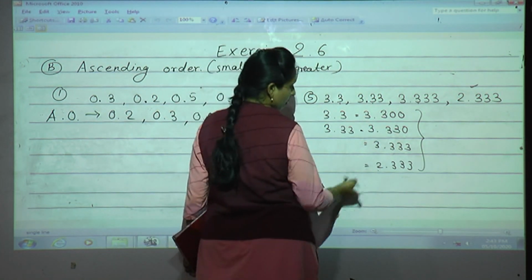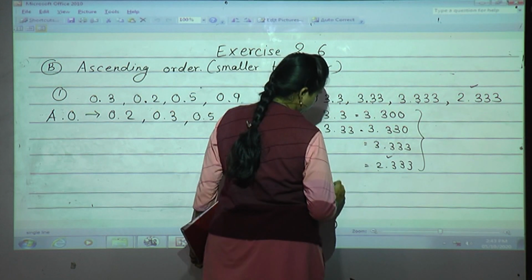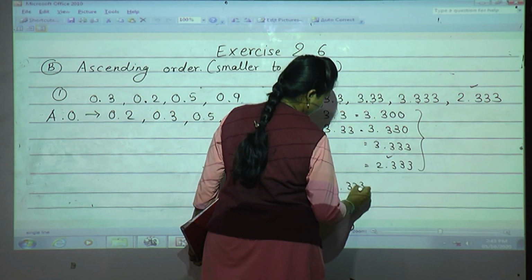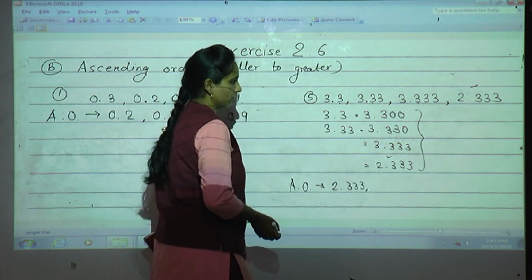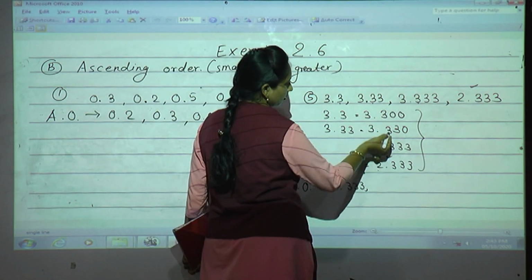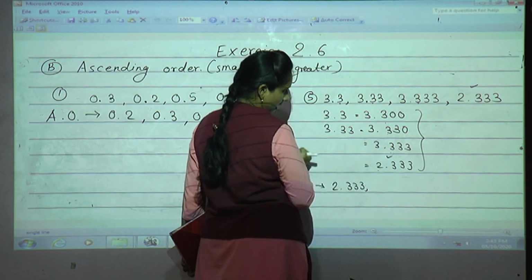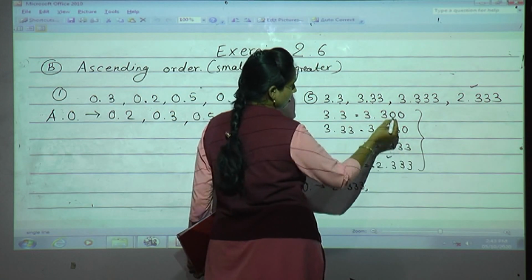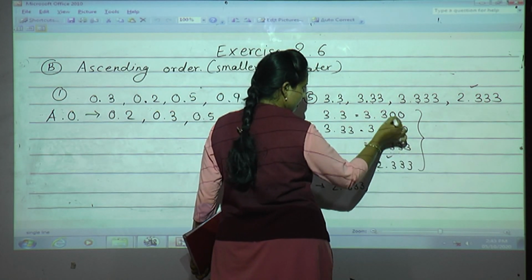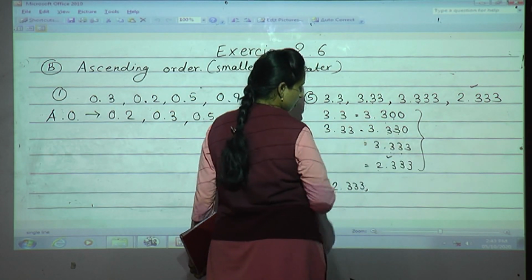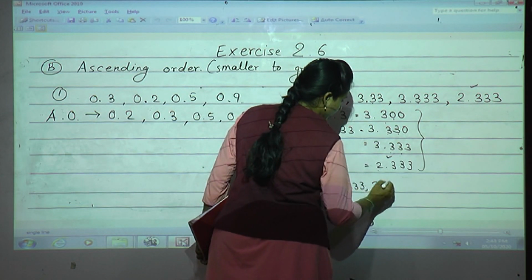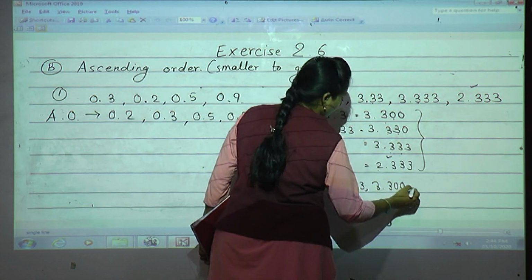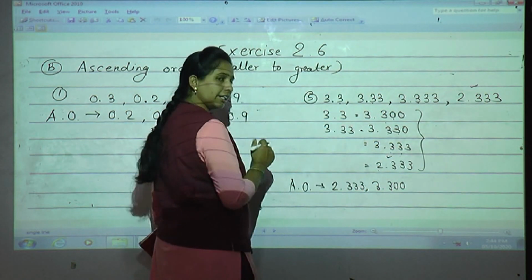Now as the whole number is smaller, 2.333. Now next you can compare. See, 3 is the same at the tenths place. Go with the next digit. Hundredths place 0, 3, 3. Of course 0 is smaller, so you can write 3.300, or else you can write 3.3 also.